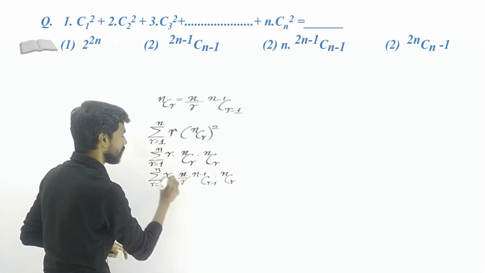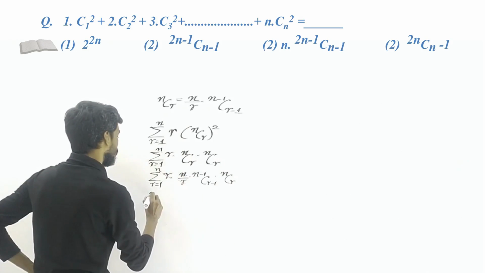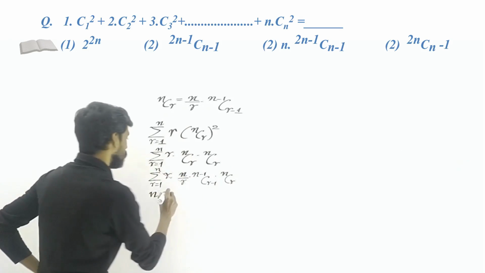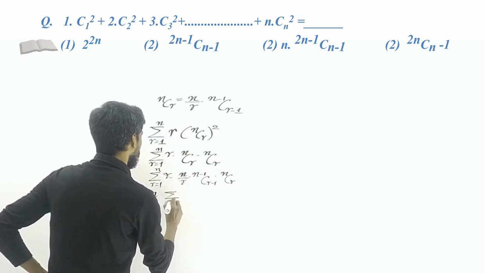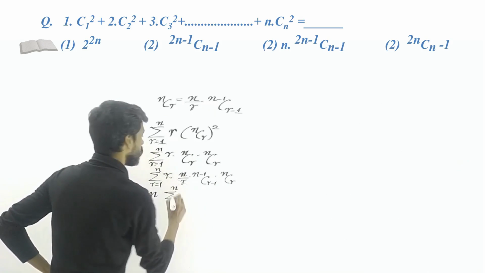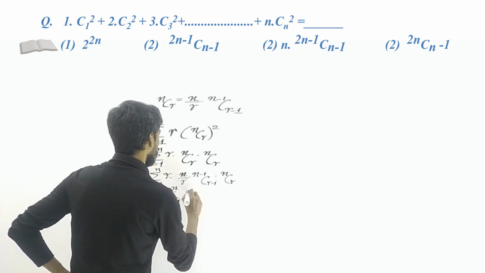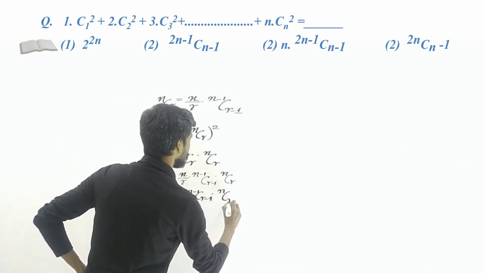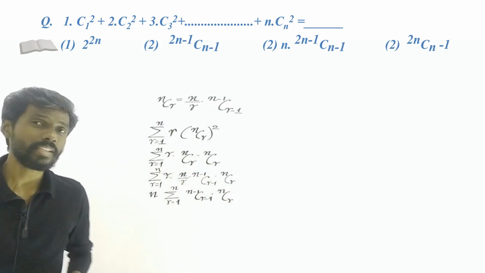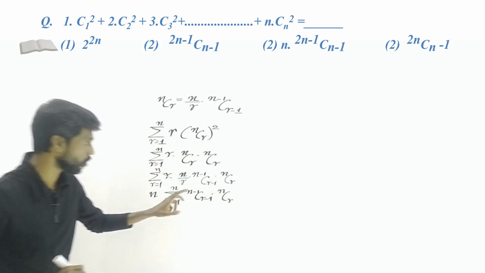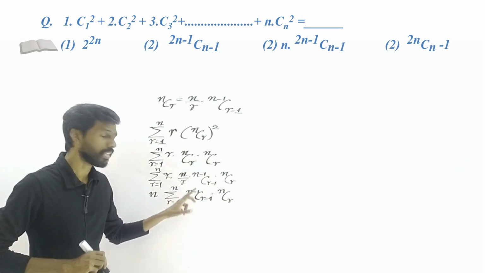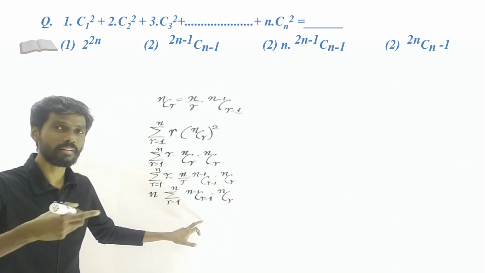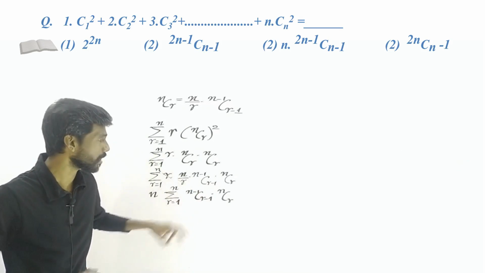Now this r gets cancelled. This n is a constant, we can take it out. So n multiplied by summation r from 1 to n, n minus 1 c r minus 1 multiplied by n c r. So that's all. Isn't it like the formula we have derived just now? ncr multiplied by mc r plus k, r minus k, right? Yes, it is like this.